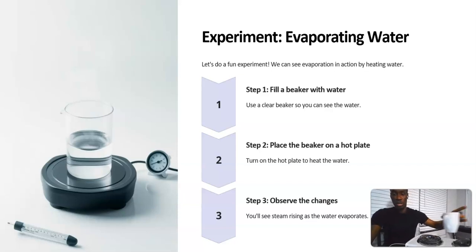This will be my jar. I'm sorry, I couldn't get a transparent jar, so I'm using a mug. I believe we can see what I'm trying to show. So this is the hot surface, and a beaker with water: I'm using this mug for my beaker, and there's water right in there.